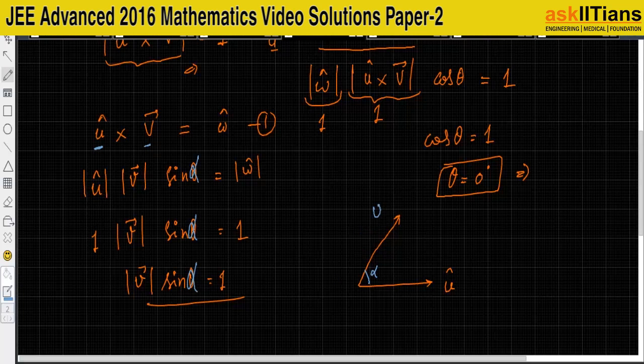If this vector is v vector, the length of this vector will be mod v, so this perpendicular length will be mod of v sine alpha.